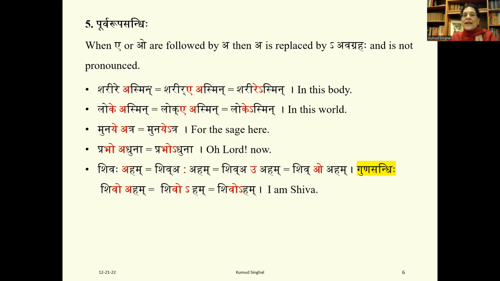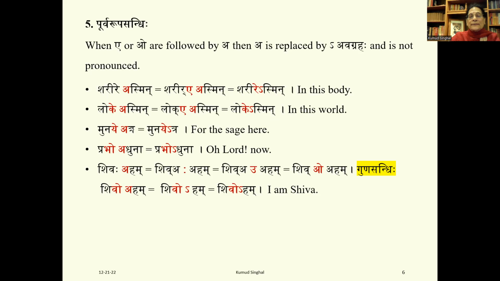So Sharire asmin, a is replaced by the avagraha, is elided and is not pronounced. Shariresmin. Loke asmin. Loke means in this world, right? Loka is the word, so again saptami vibhakti ekavachanam. Again e is followed by a, so a is elided and you will say Lokesmin. You don't hear the a sound. Lokesmin.